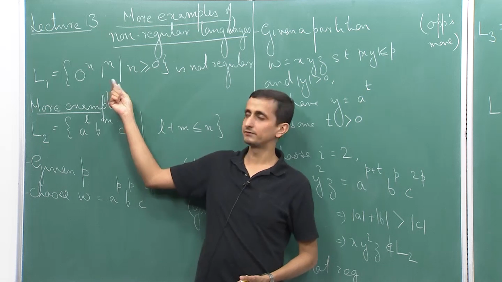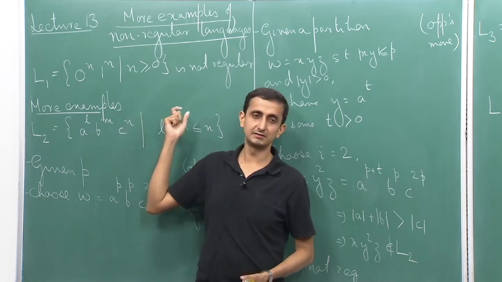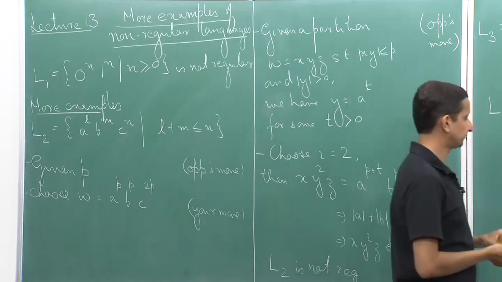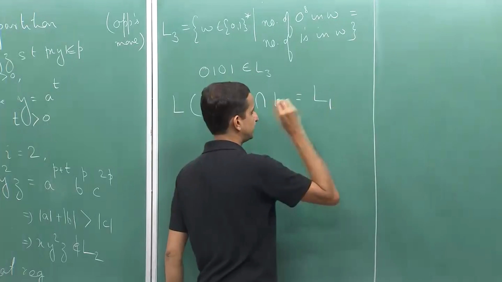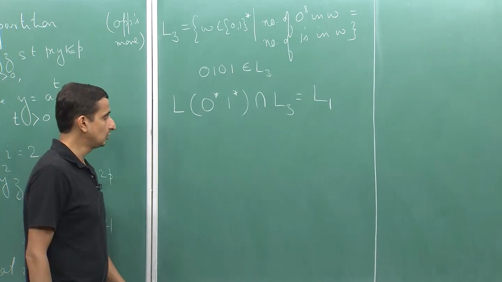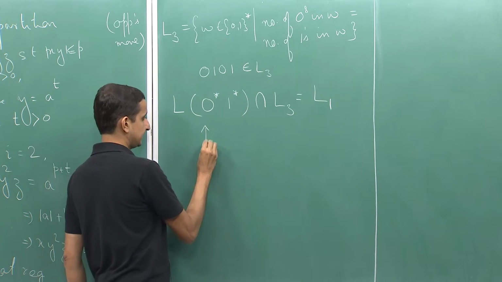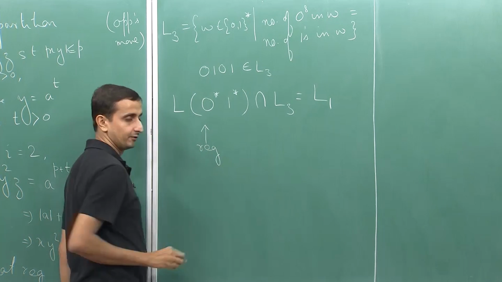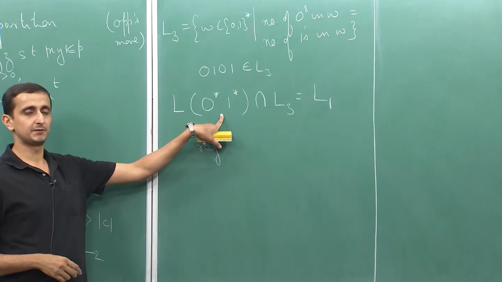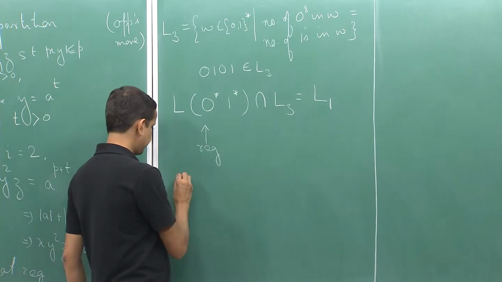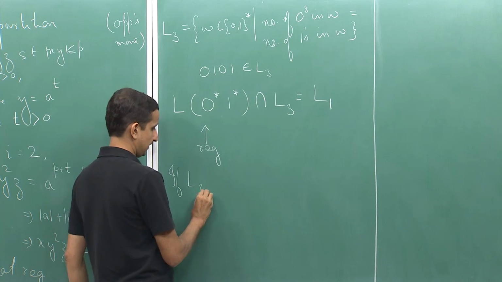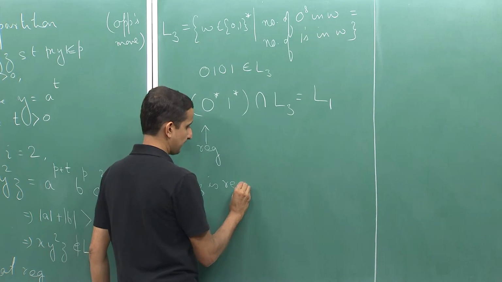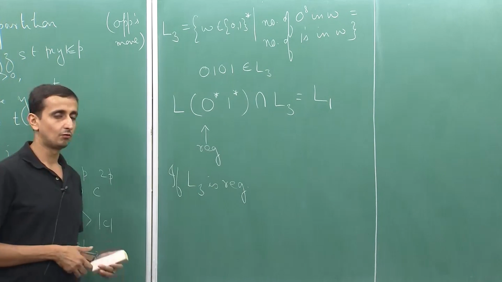Equal number of zeros and ones in a contiguous setting. So, this is nothing but the language L1. We know that the language of 0* 1* is regular, because we have a regular expression for it. If L3 is regular, what does that imply?